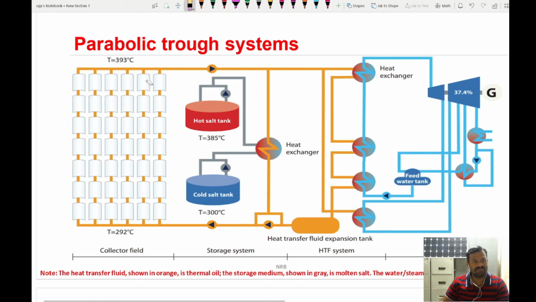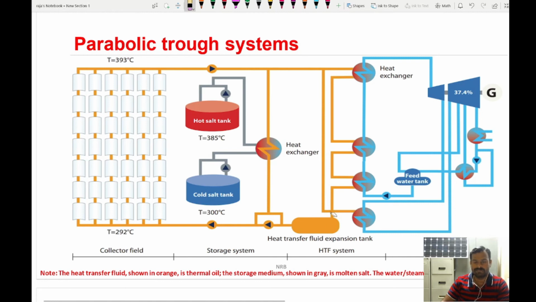In case the collector is not receiving sunlight, so the radiance is not available, we can't produce the heat here. At that time, whatever stored heat energy we have in the molten salt tank, from here this molten salt will be passed through this heat exchanger.